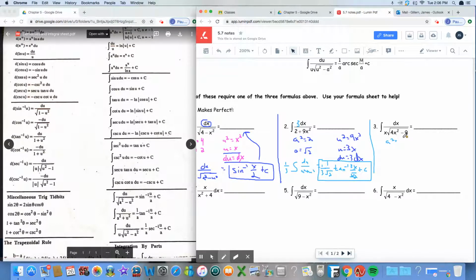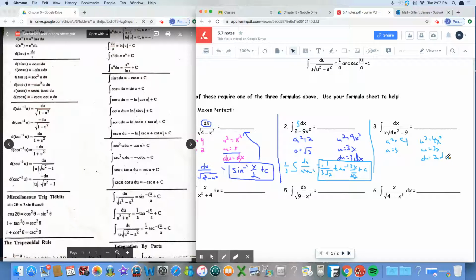It's being subtracted, so that's 9. Whoops, that's a huge 9, sorry. U squared is your 4x squared. A is then 3. U is 2x, which means du is 2 dx.